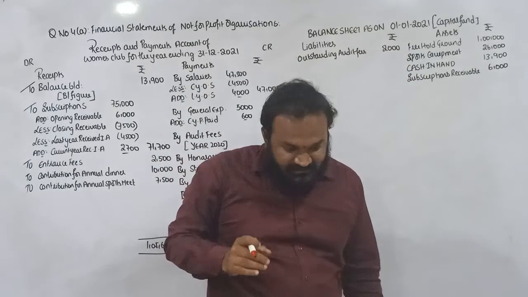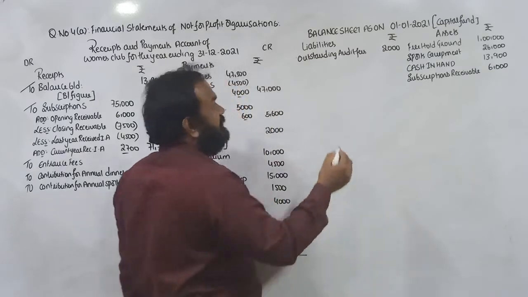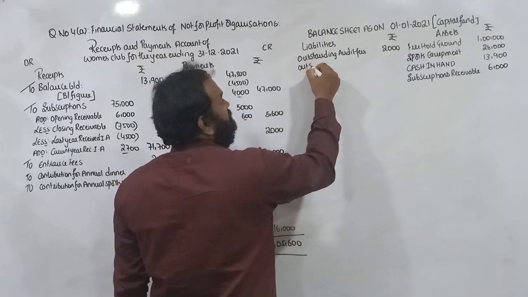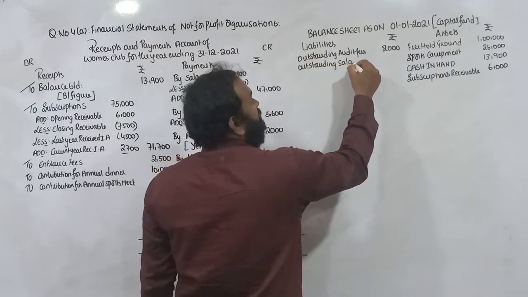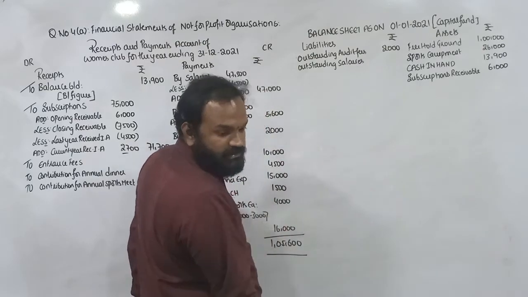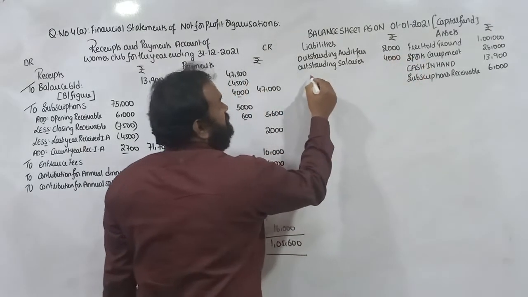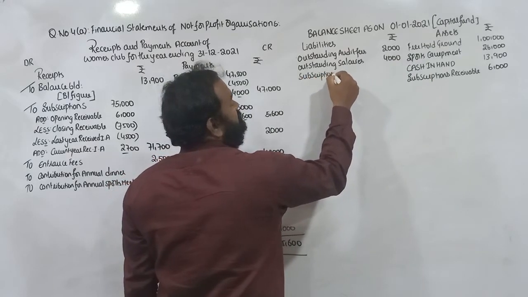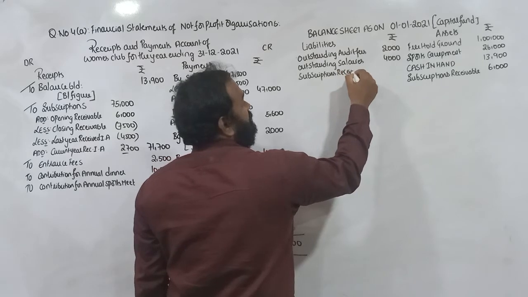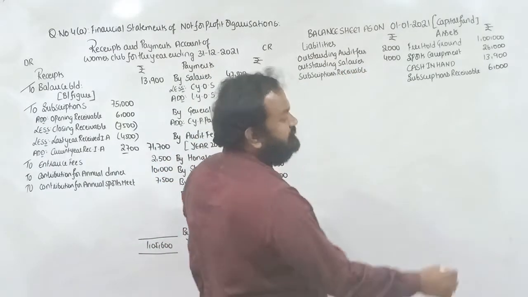Next, boys and girls, outstanding salaries, last year salaries. Outstanding salaries amounting to how much? It's 4,000. Subscriptions receivable is there? Yes. Subscriptions receivable amounting to how much?